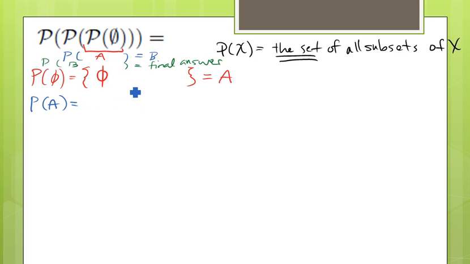And again, that's going to be a set, so let's draw some empty curly braces to contain what we're going to be listing off here. So the set A has one element in it, and that is empty set. So we're going to start with just A itself, because a set is always its own biggest subset.